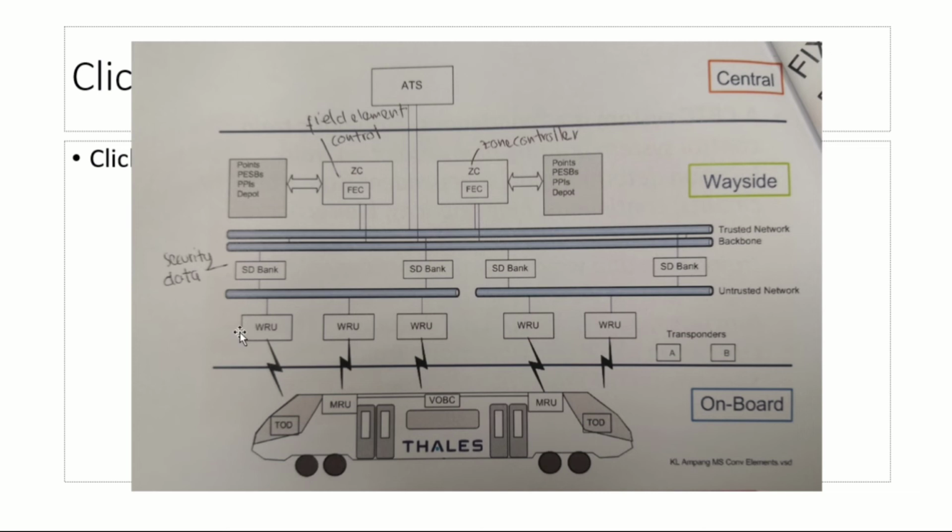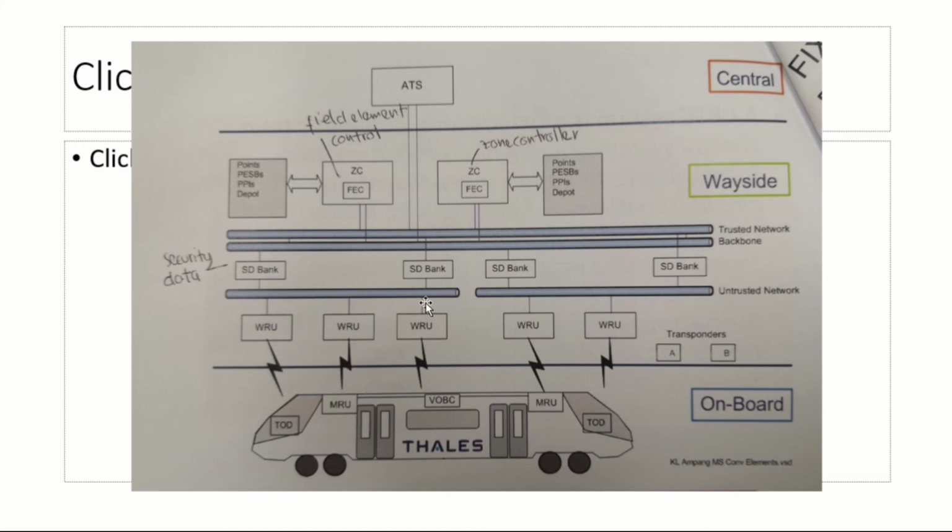So it is installed at near the track for communication between zone controller, OCC, and to the train lah, VOBC, vehicle onboard controller. So WRU is at the wayside and MRU is in the train. So it is connected wirelessly lah.